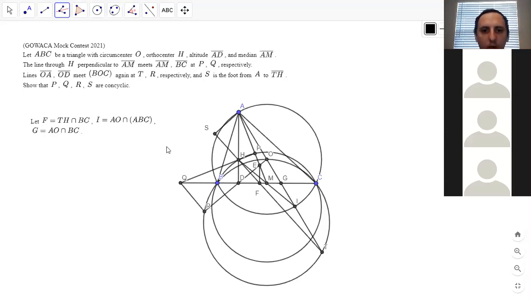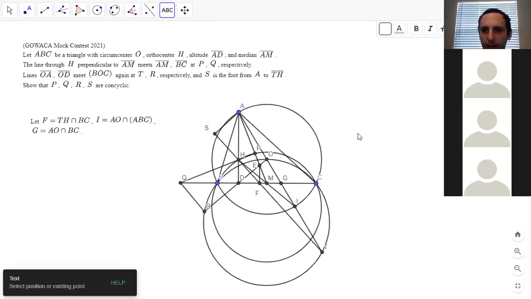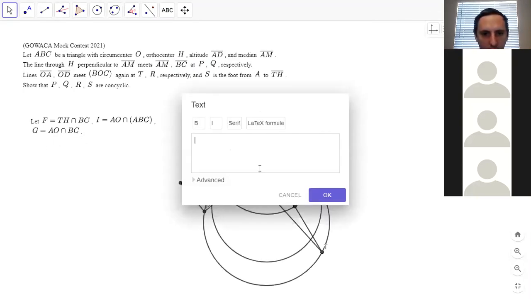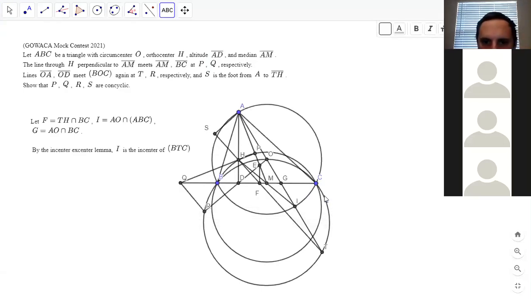So by the incenter-excenter lemma, I'm just going to copy what Hakan just wrote. And then CI bisects angle BCT.